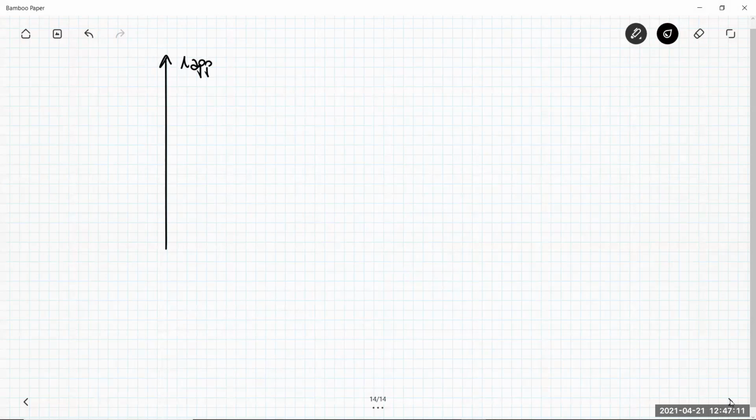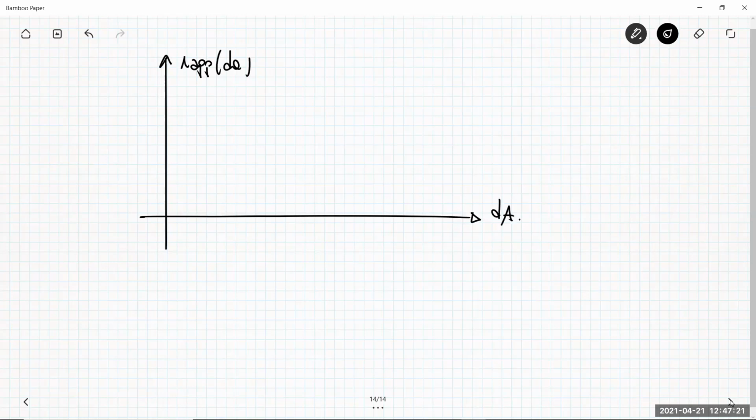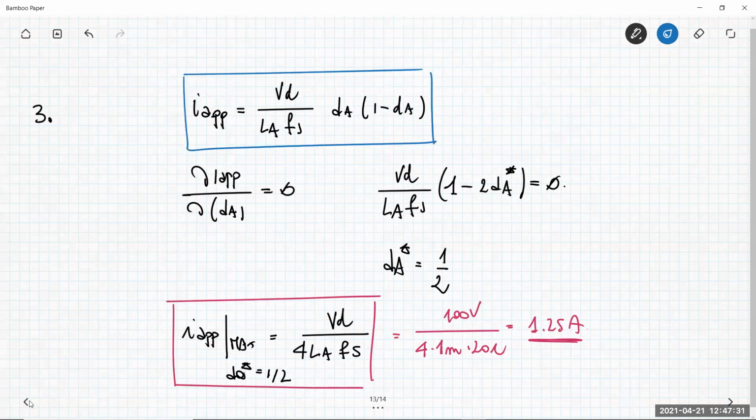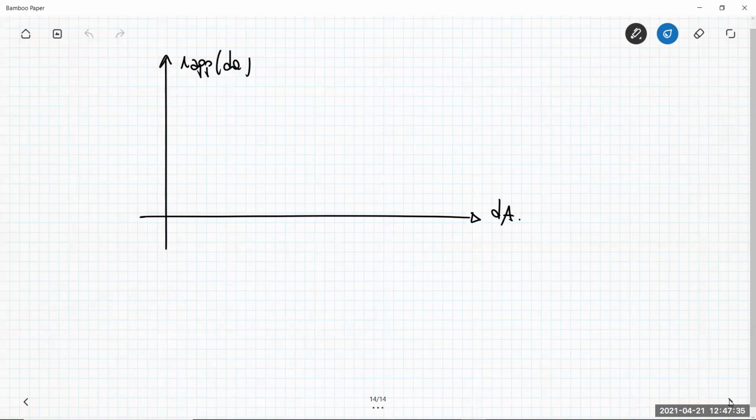The previous expression of the peak-to-peak ripple can also be graphically represented. Basically, the expression that I want to graphically represent is this one. It depends on the duty cycle, which can range from 0 to 1.